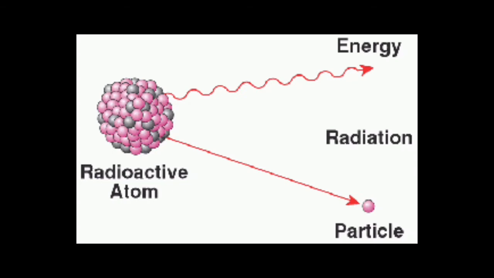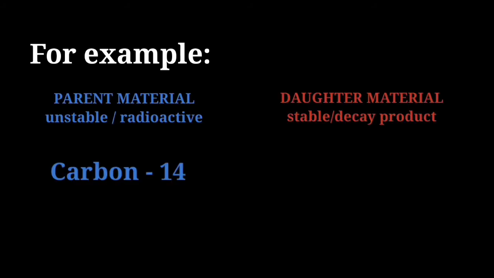Here is a picture of the process. It is a radioactive atom. If this atom wants to become stable, it will decay. During this process, it will release energy, or nuclear energy, which is the energy produced in a nuclear power plant. For example, carbon-14 is unstable or radioactive.